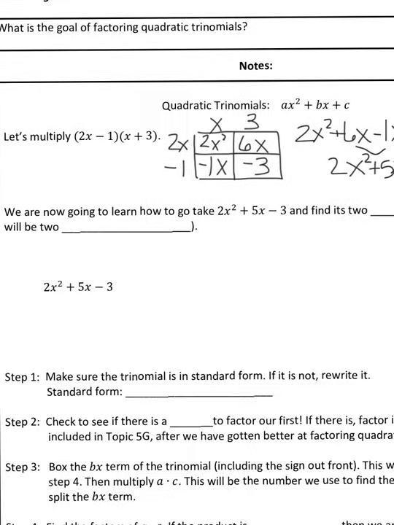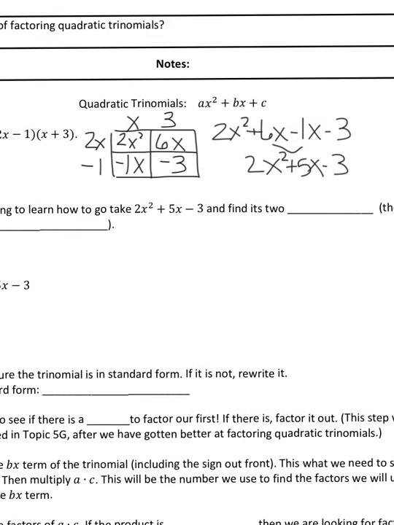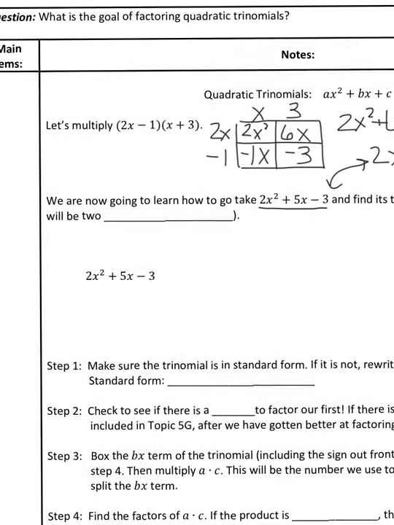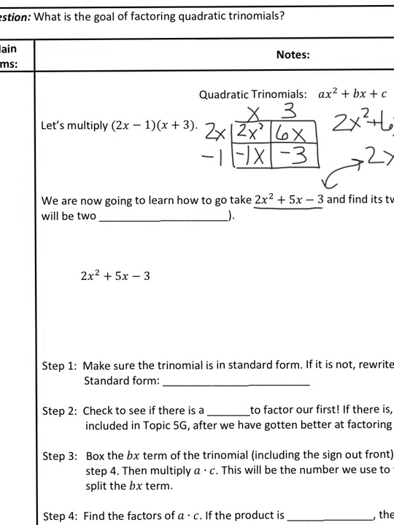It says we are now going to learn how to take 2x squared plus 5x minus 3, and if you'll notice, that's the exact same thing that's right there. We are going to find its two factors, and these will be two binomials.